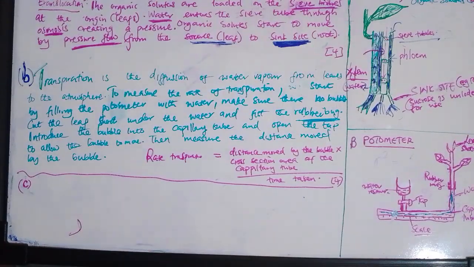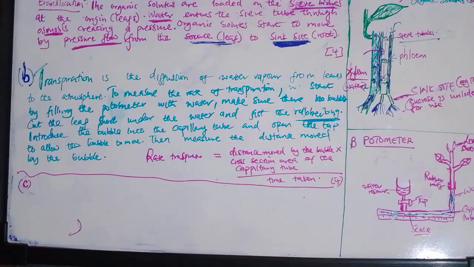Then part C. Now we are talking about the factors. The factors which affect the rate of transpiration are 4, so per factor it is 1 mark. You mention and you explain for 1 mark.